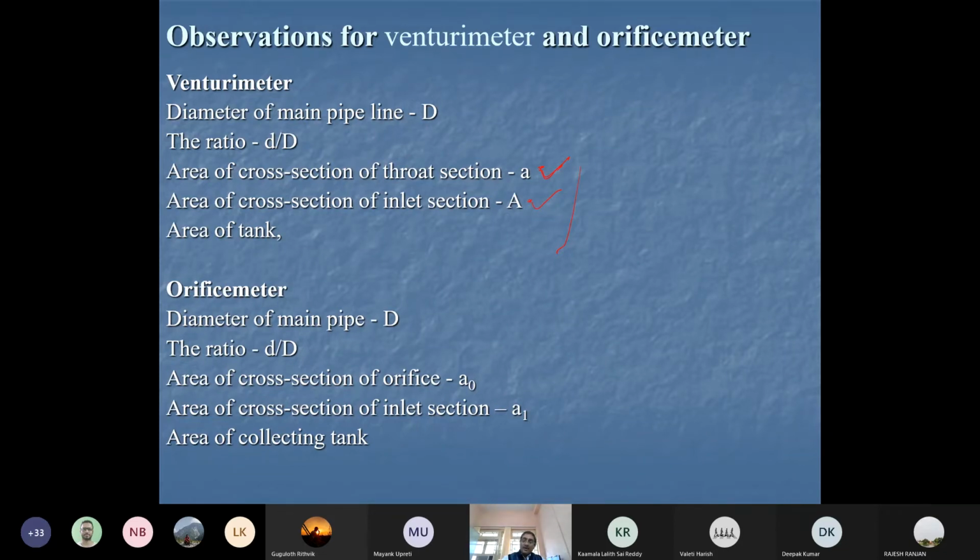One important aspect: when it is flowing through this orifice or venturimeter, we are simply collecting this discharge, that is Q, in a tank of size 40 centimeter length and 40 centimeter width.